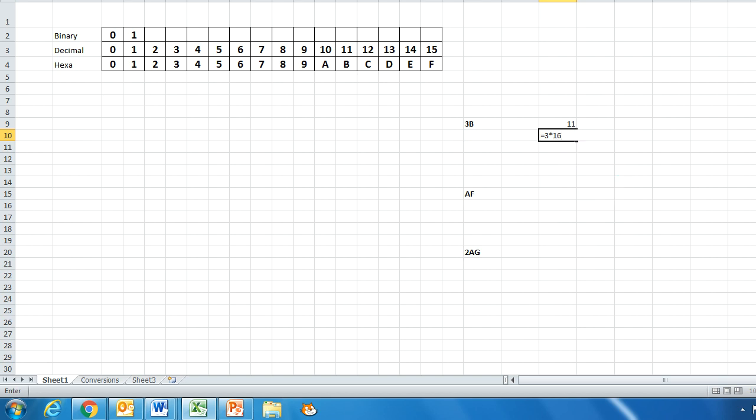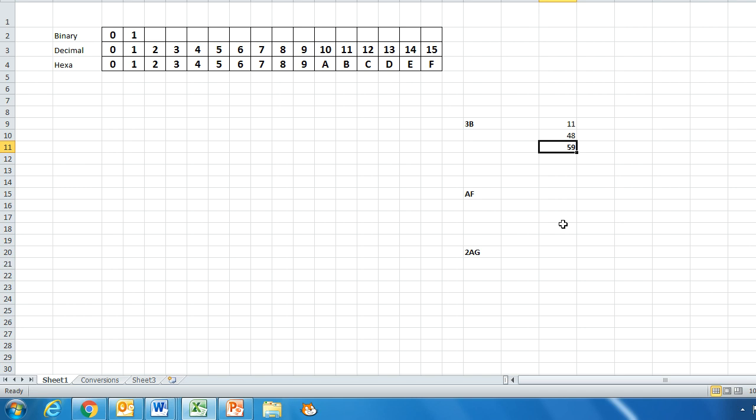Times 16. And then it's just a matter of adding the two together. So 3B is 59 in decimal.